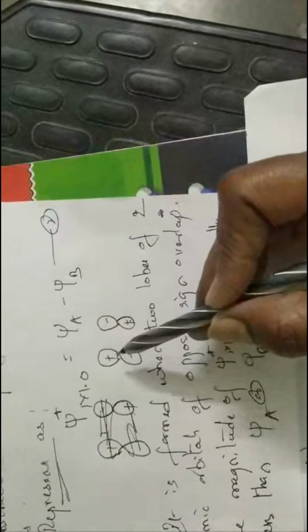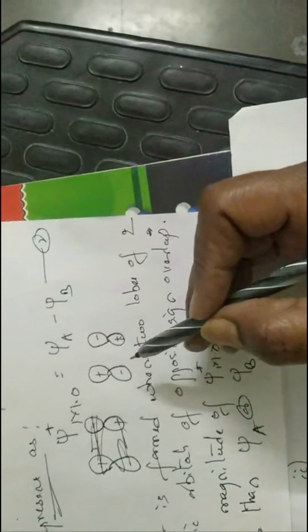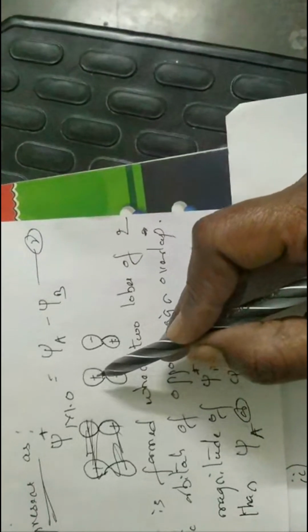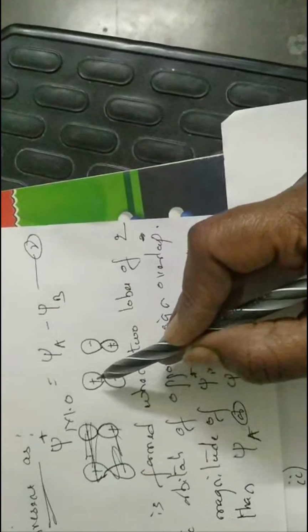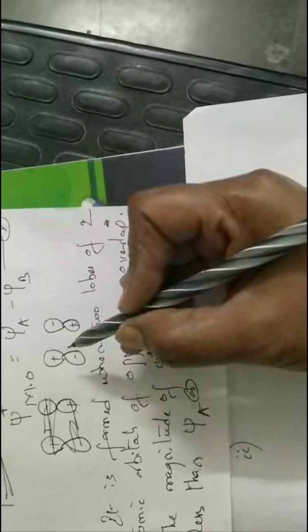It is negligible between the two atoms. It means the bond is unstable. So here the bond will be unstable because the density between the atoms is negligible.